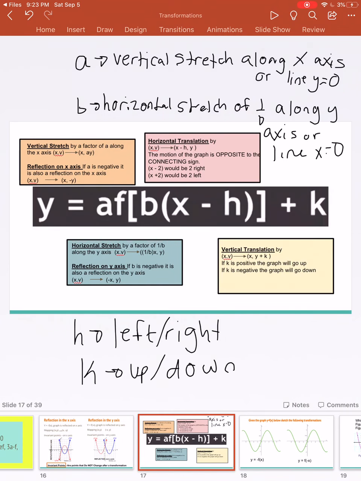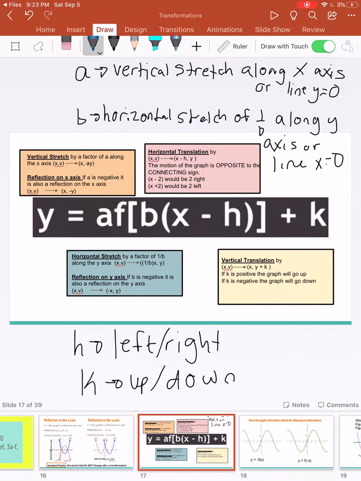Okay, so what we're adding here is reflections. So what that means is if you have a negative a, so it means you have a negative in front of that function, you're actually going to have a reflection on the x-axis. Notice how it matches what we've stated before. And that only makes sense, right?